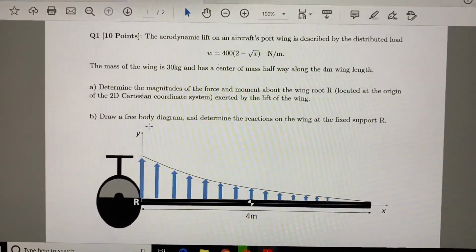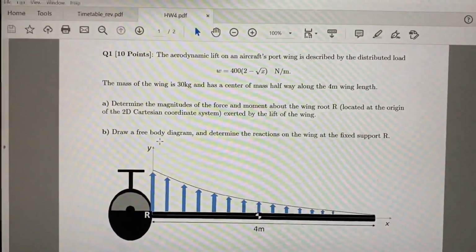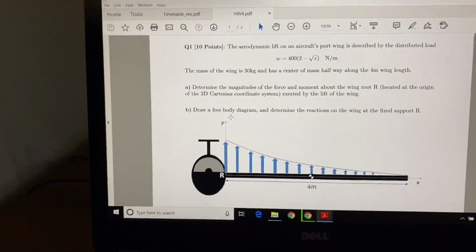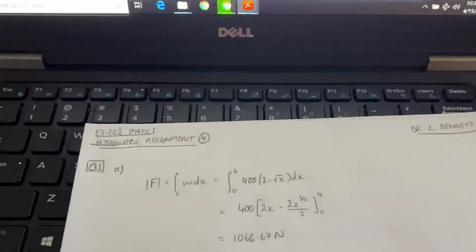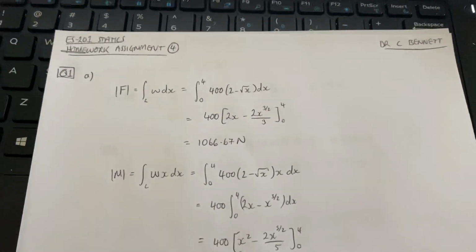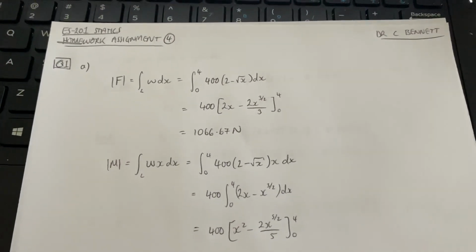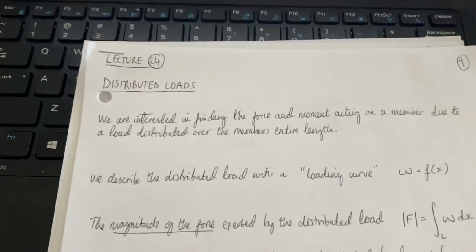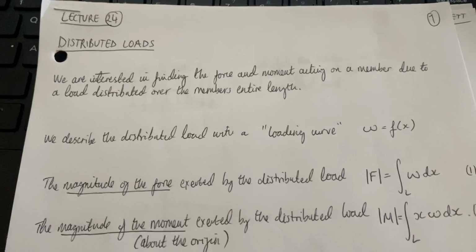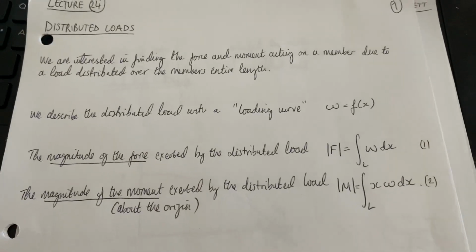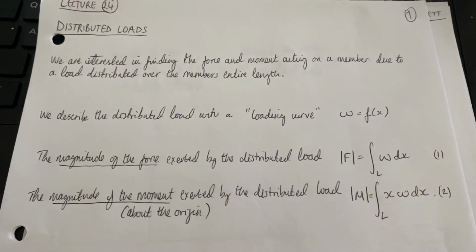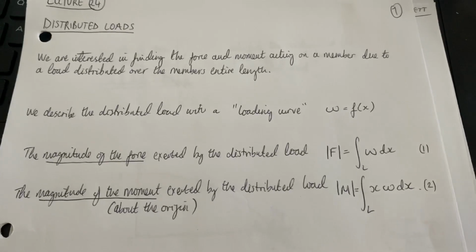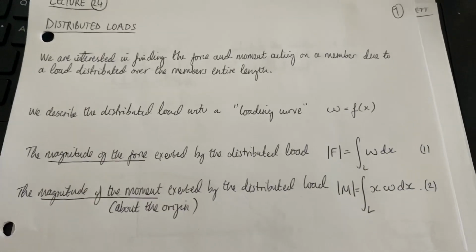So most of you got this correct. I was basically expecting you all to find these formulae from the notes or from the textbook. We looked at distributed loads in lecture 24, and we said that we can calculate the magnitude of the force and the magnitude of the moment by these 2 integral equations.